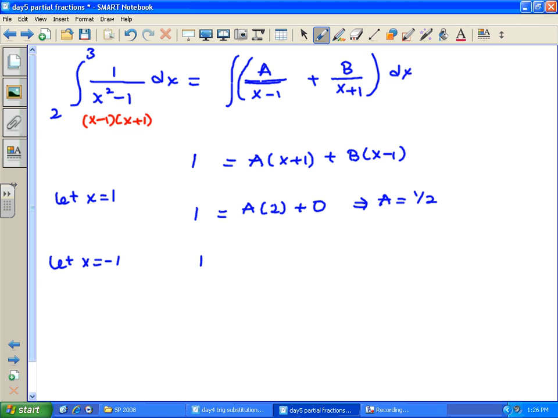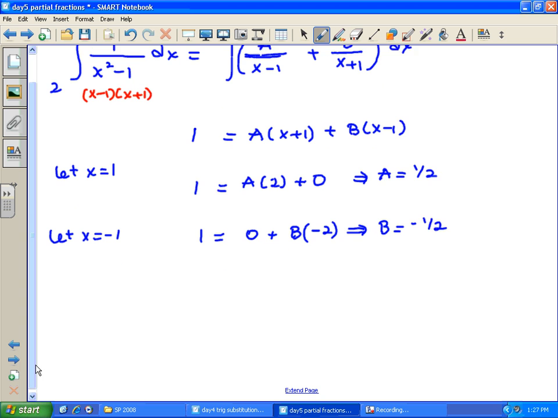Again, the left-hand side is just a constant. On the right now, we're going to lose the a term, plus b times negative 1 minus 1, that's negative 2. So from here, what am I getting for b? Negative a half.